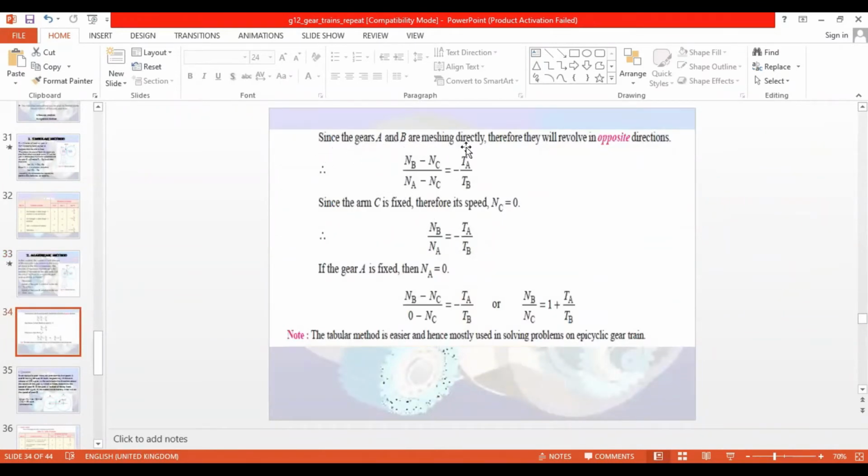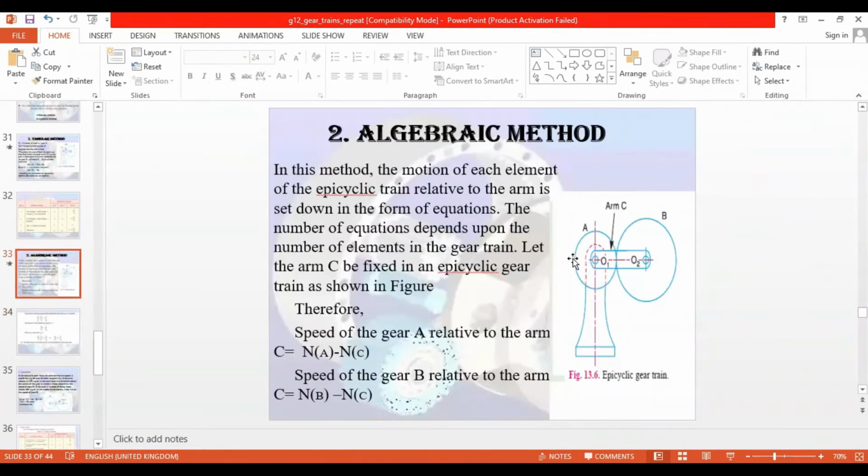Since gears A and B are meshing directly, they will revolve in opposite directions. If A rotates anti-clockwise, B will rotate clockwise.